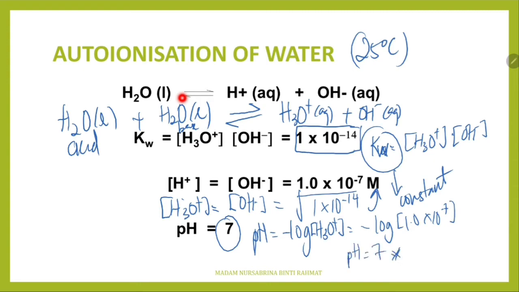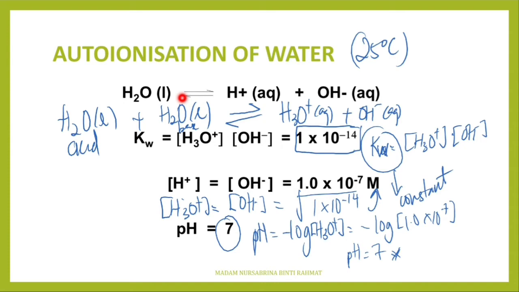So for all neutral salts, the pH depends on the autoionization of water, because the cations and the anions that make up your salts come from a strong acid and strong base, which will never hydrolyze again in water. So the pH of the salts highly depends on the autoionization of water, and these are the steps that you need to explain.